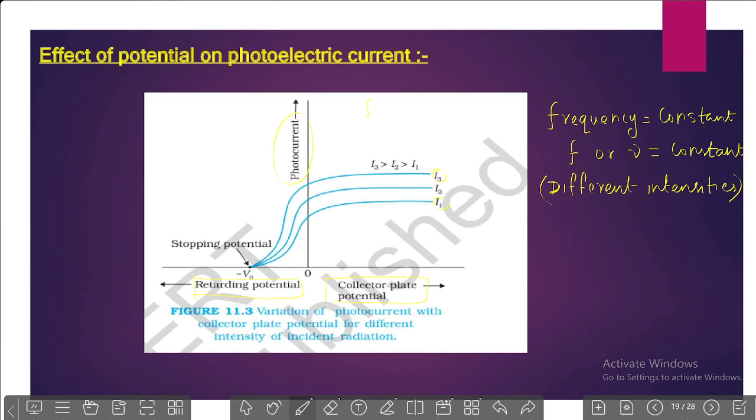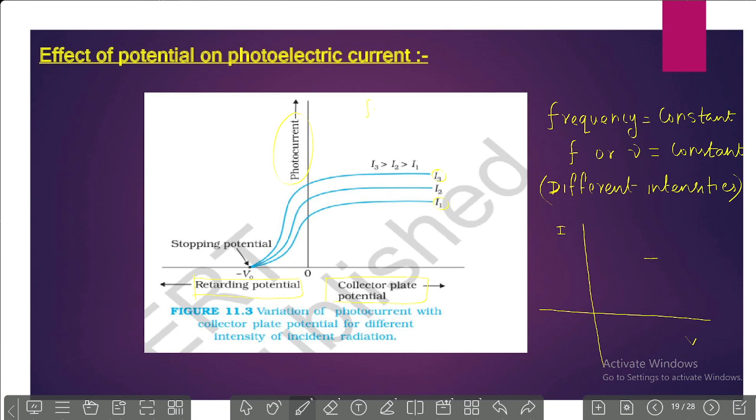If I do that condition and observe the photoelectric effect, what do we observe? Photocurrent in the y-axis, and collector plate potential in the x-axis.